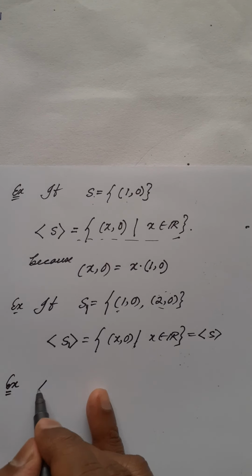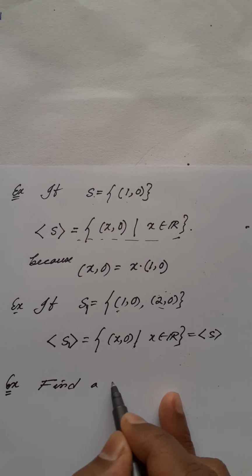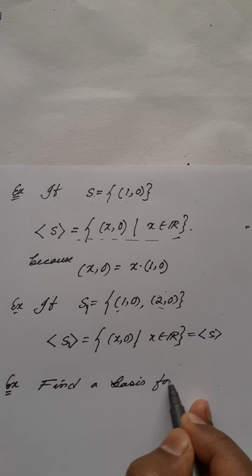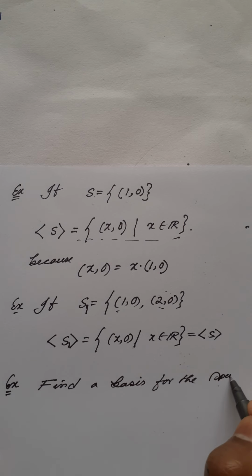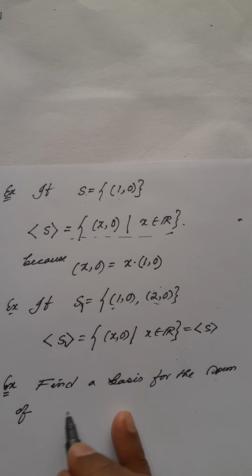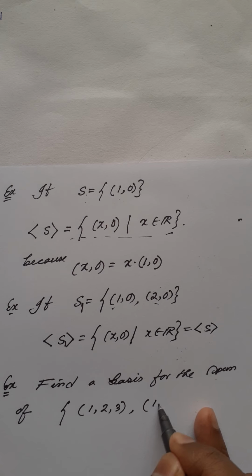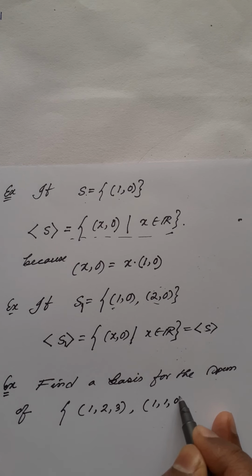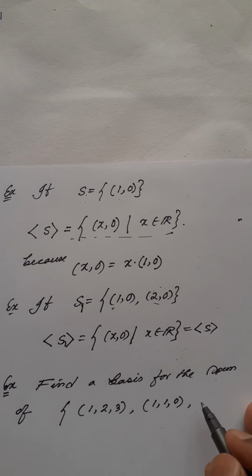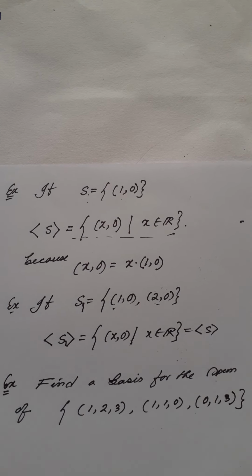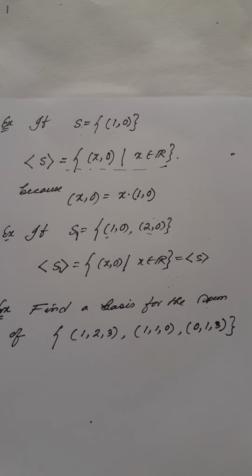Example: find a basis for the span of, say, (1, 2, 3), then (1, 1, 0), then (0, 1, 3). What are we going to do for finding this basis?